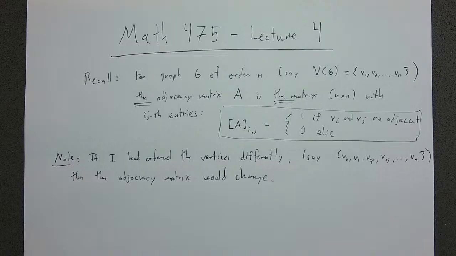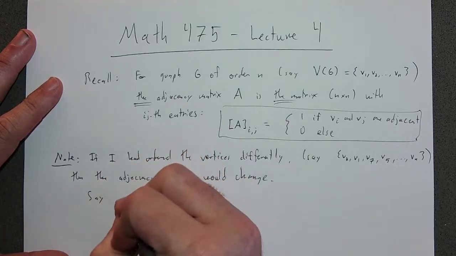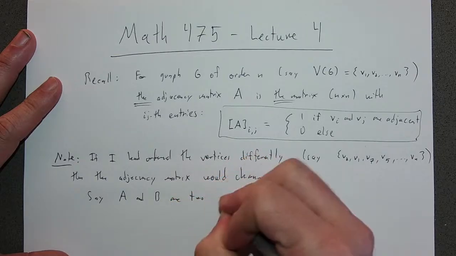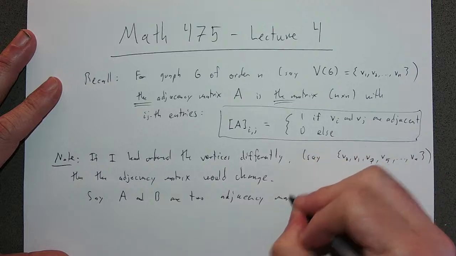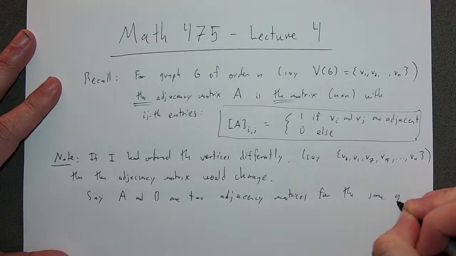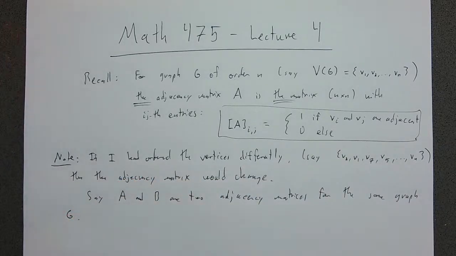Maybe we should think about it from the other side. All right, so say A and B are two adjacency matrices for the same graph G. So not even two isomorphic graphs, although we can think about what that means in a second, but actually the same graph.